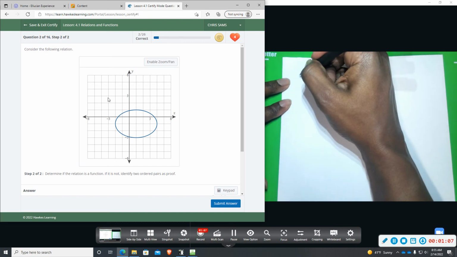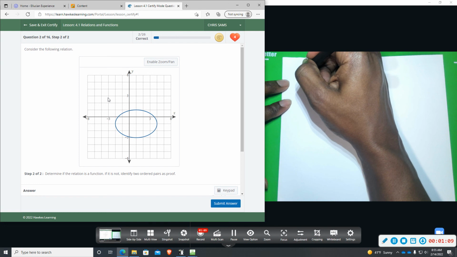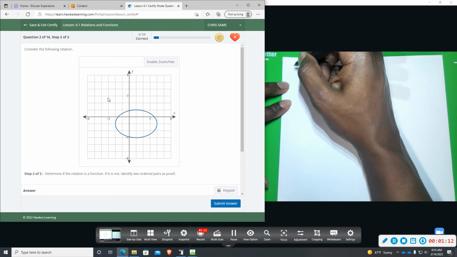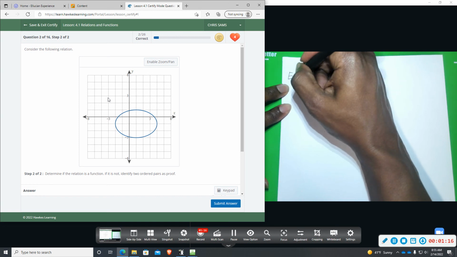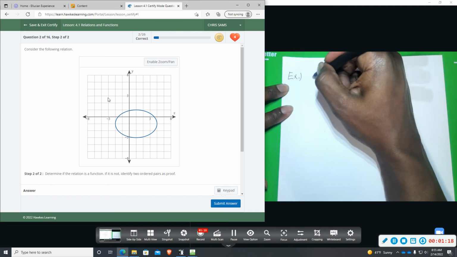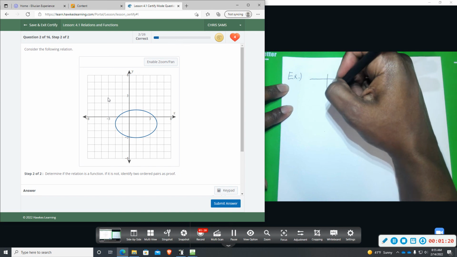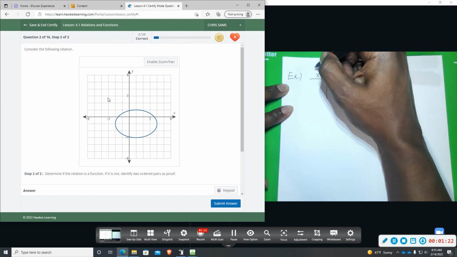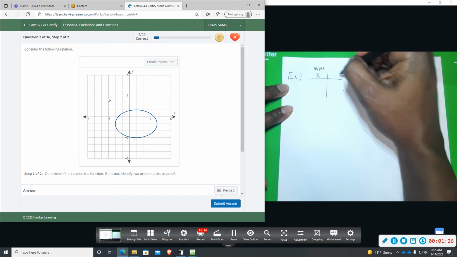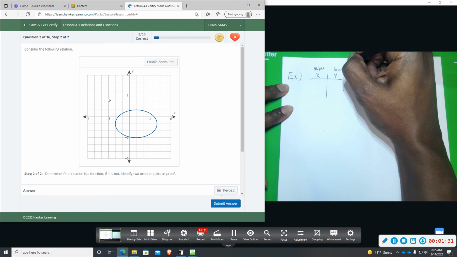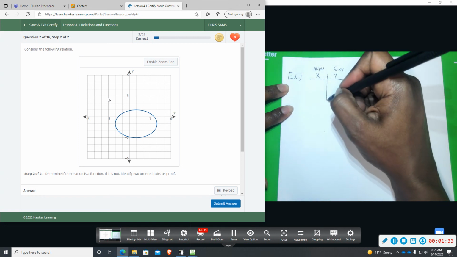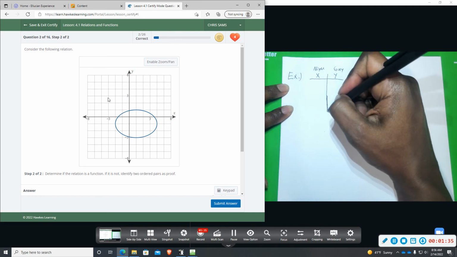This is just a dating game just for fun, okay? It doesn't mean anything. This is just an example to help explain functions. So let's say that X is the night that we go out, and then Y is the guy. Again, these are arbitrary. They don't mean anything.